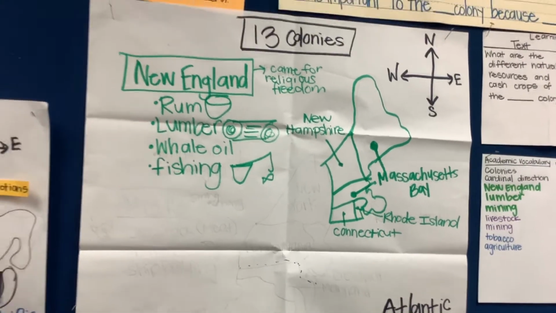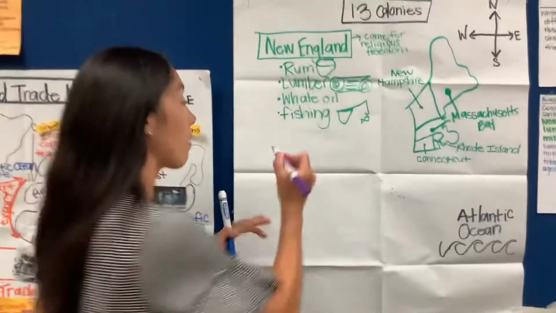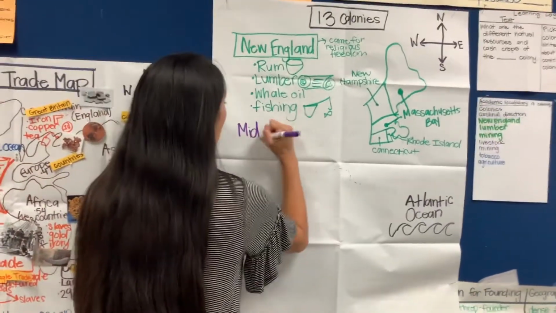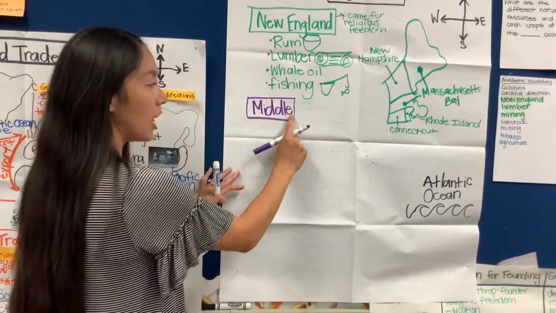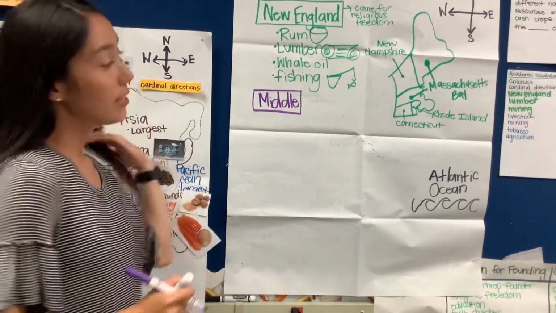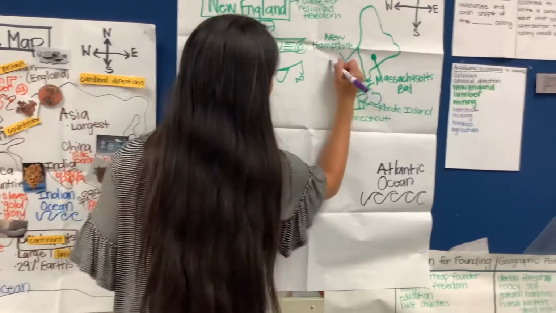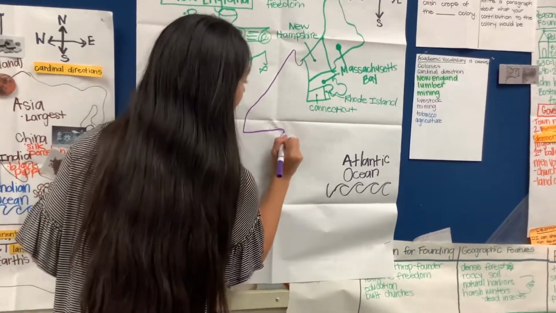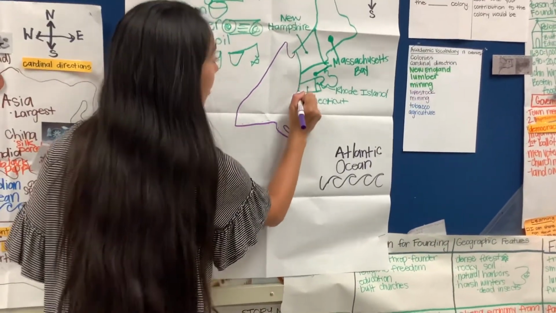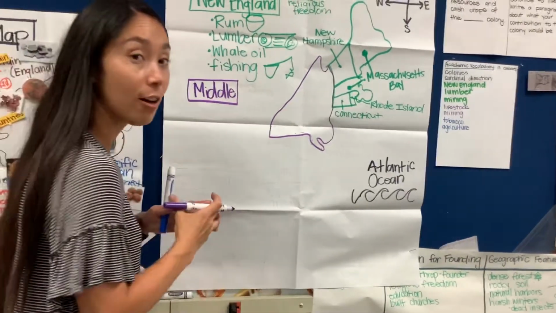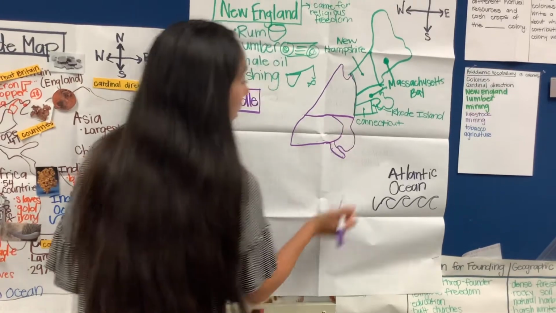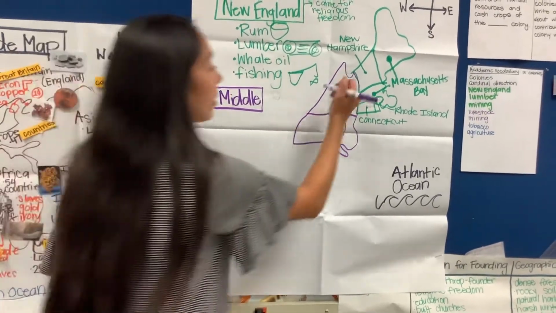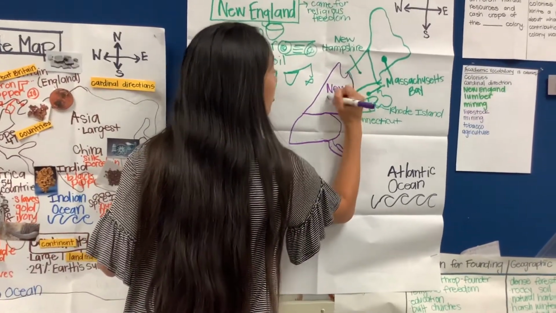Okay, welcome back. My next group of colonies are my middle colonies. Read this with me, middle. This group of colonies got its name because they were located in the middle of these groups of colonies. Within the middle colonies, they had New York.